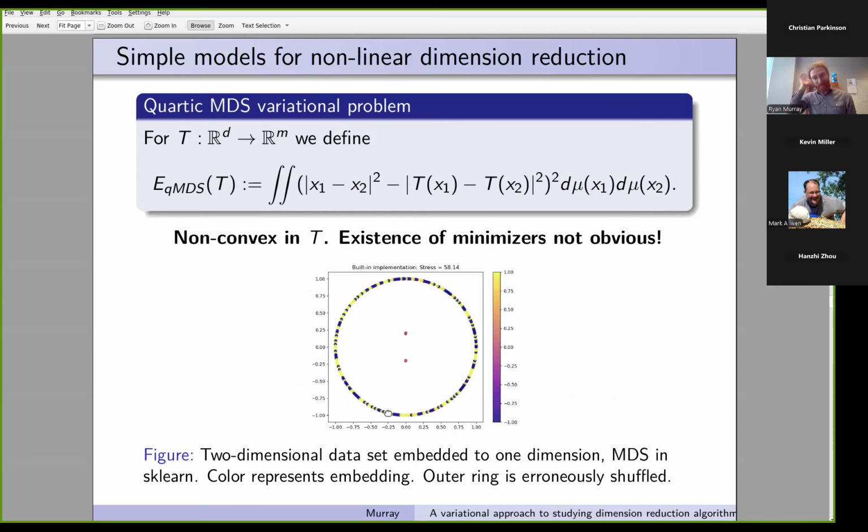So this is manifest in this example that Adam and I studied before, where when you look at the optimizer that scikit-learn finds for this circle with the 2 clusters in the middle, it's essentially taking the circle around the outside and it's finding something which looks multi-valued.